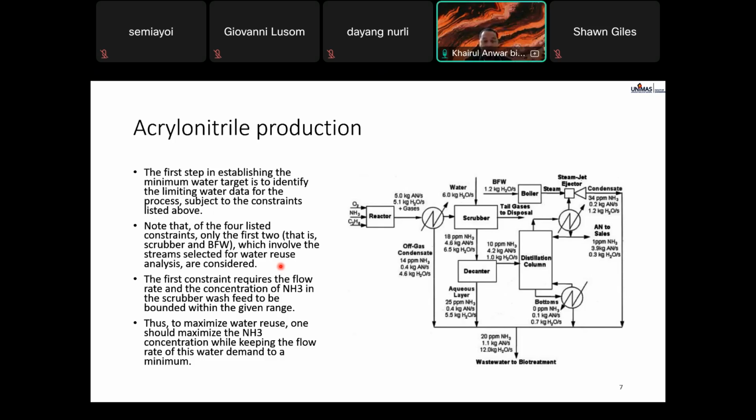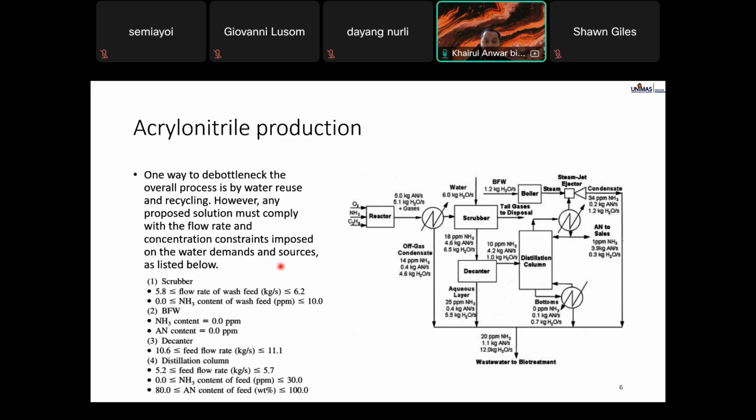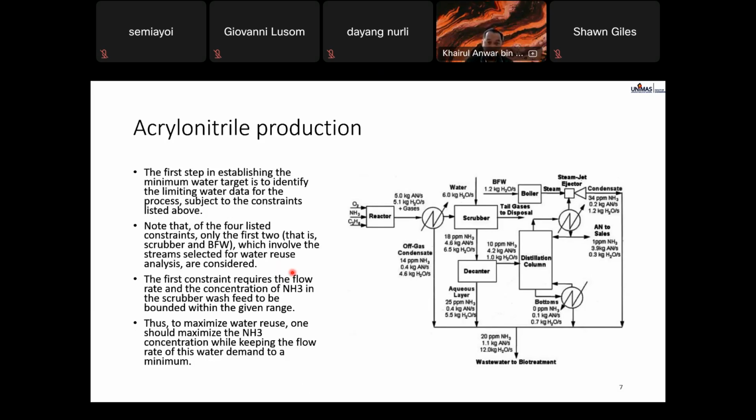Consider that only two are demands. Water reuse goes to either one. The first constraint requires the flow rate and the concentration of the scrubber wash feed to be bounded within the given range. Thus, to maximize water reuse, one should maximize the ammonia concentration while keeping the flow rate of this water demand to a minimum.